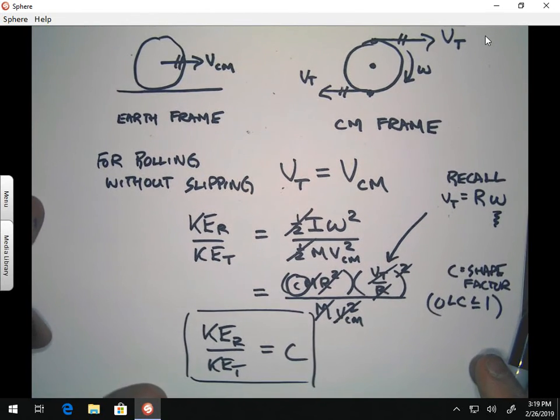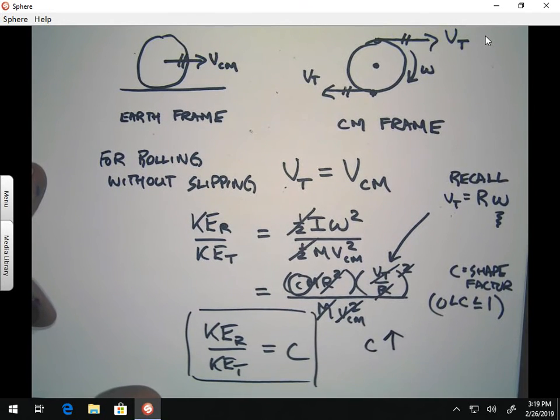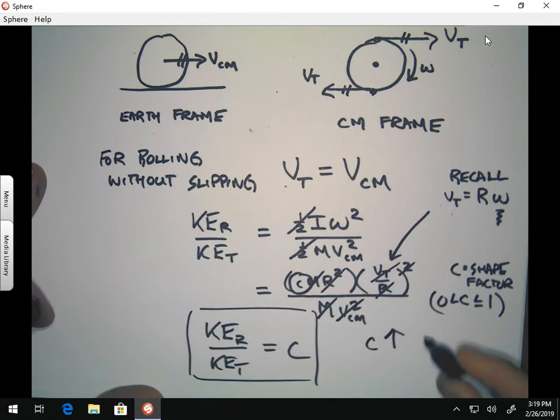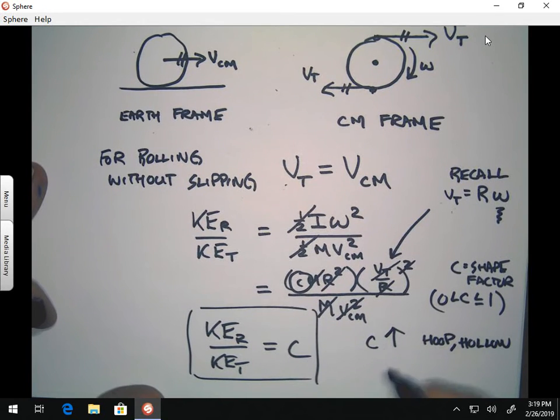Now, that should be realistic. What it means is that for shapes that have a big C value, like a hoop or anything that's hollow, you're going to have more rotation, less translation.